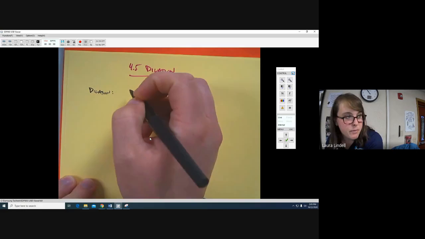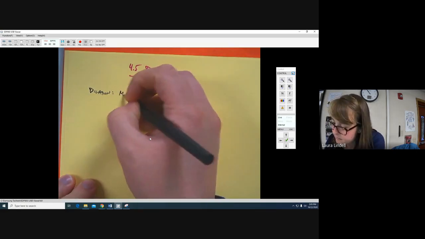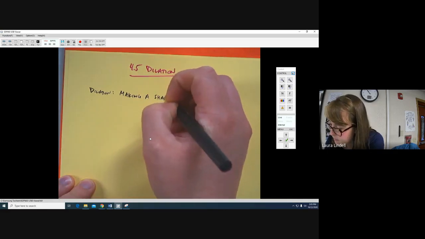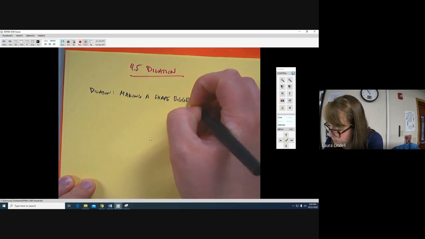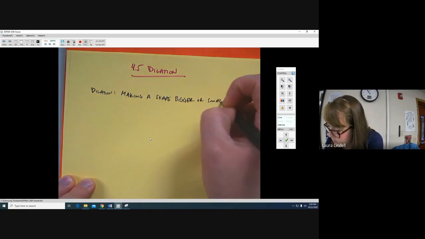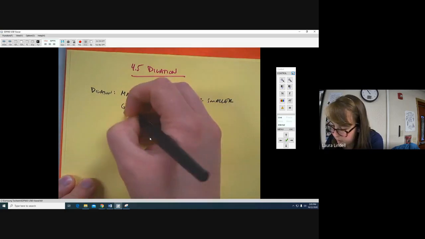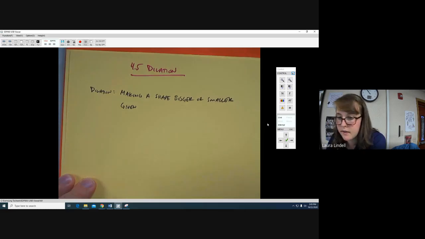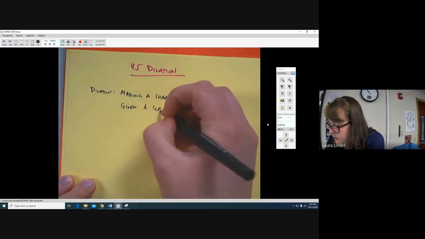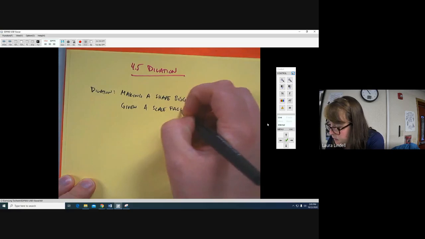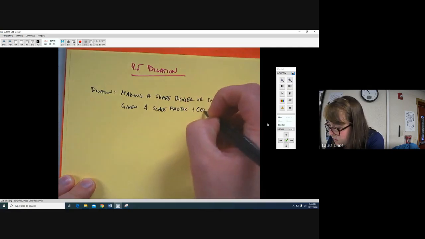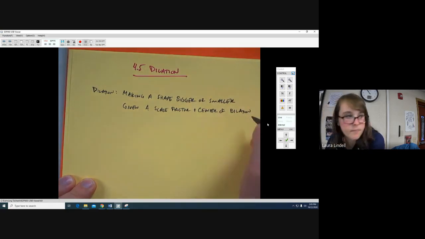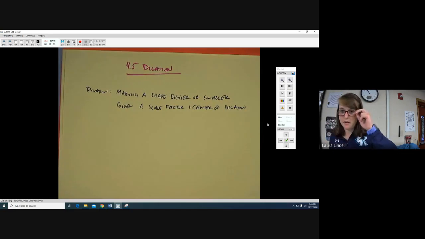is where you make a shape bigger or smaller given a scale factor and a center of dilation.